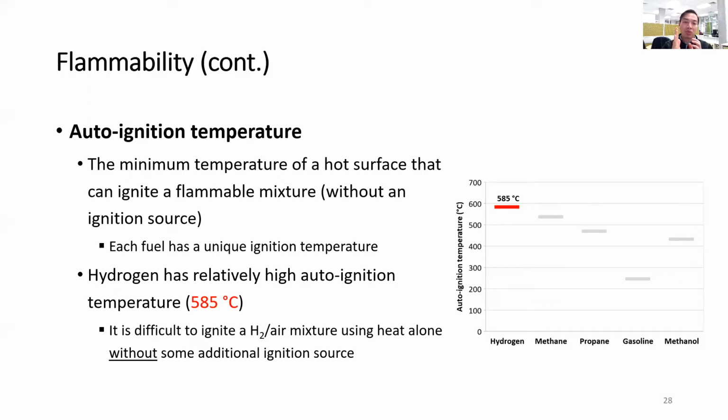Then a hydrogen-air mixture can only ignite at a very high temperature of 585 degrees C. And that's why, when we talked about the Joule-Thomson effect before, a rise in temperature of 46 degrees is not even enough to bring hydrogen to its auto ignition temperature. So the key takeaway message is that it's difficult to ignite a hydrogen and air mixture just using heat alone. You need to have an ignition source to be able to do that.